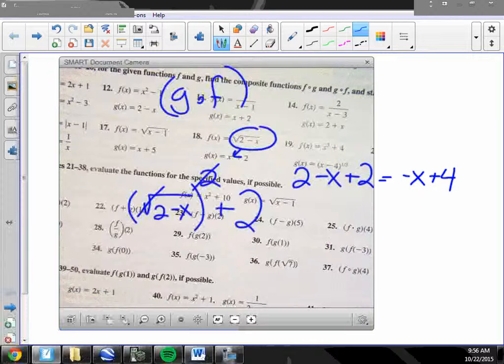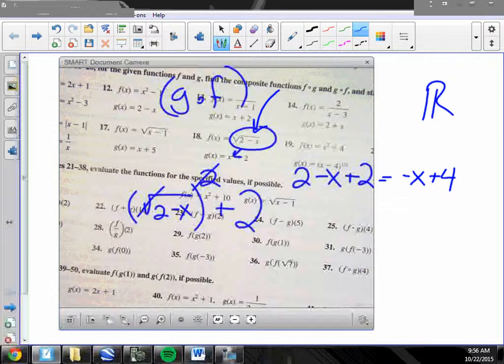It's certainly all real numbers, but we have to be a little bit careful. If I plug in 3 into this equation, is that going to ruin the whole function? Yes. If I plug in 3 here, that's fine.